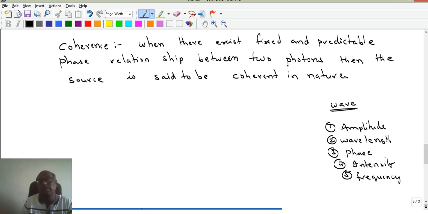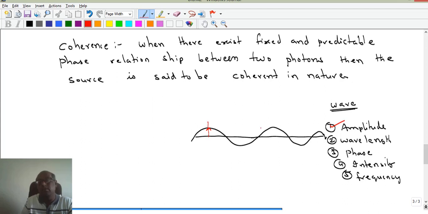So these are the properties of a wave. So this is a wave, and this is its mean position, and the maximum displacement from the mean position we will call amplitude.